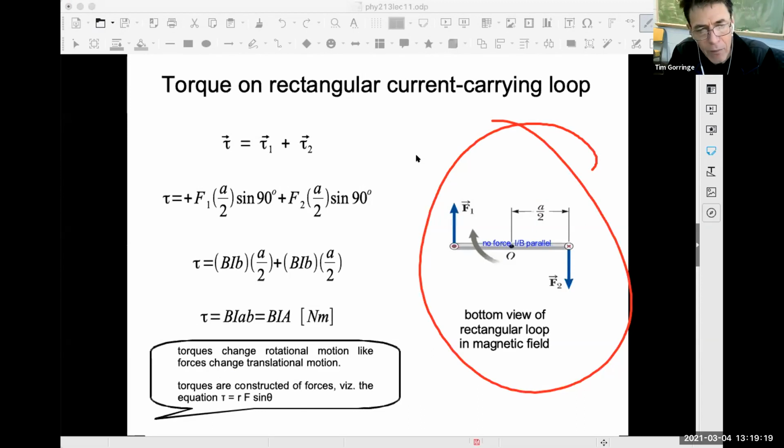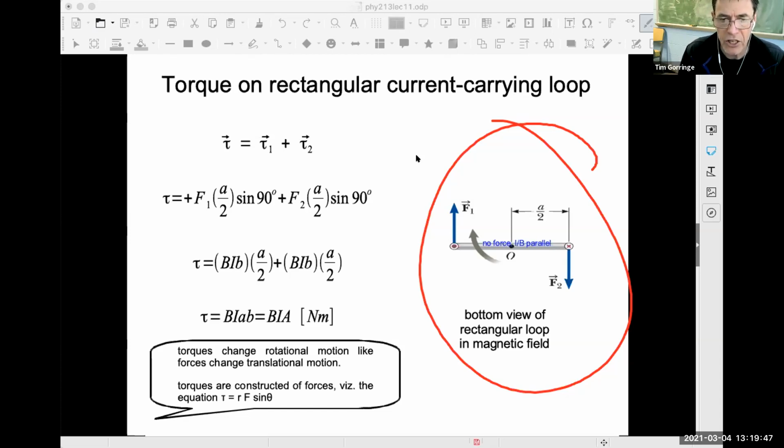In the previous slide, I was looking from the side at the loop. Now I'm looking, say, from the top down on the loop, or it could be from the bottom up on the loop, either of those two cases. So I'm taking a different view of the loop, and I'm going to see a different view of the forces.